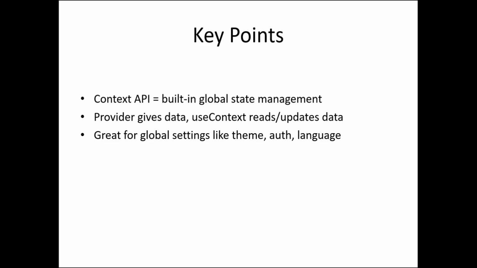It simplifies state management, which means reducing the need for Redux in small apps. It is lightweight and built in, which means no external library is needed. It is scoped state, which means different contexts for different data, and this combines with use reducer, which means structured state management is possible.